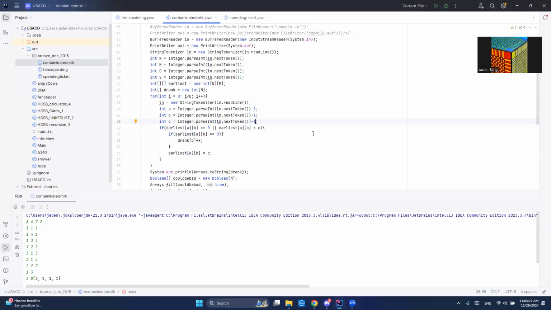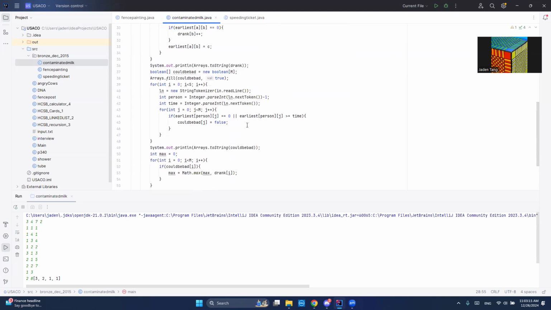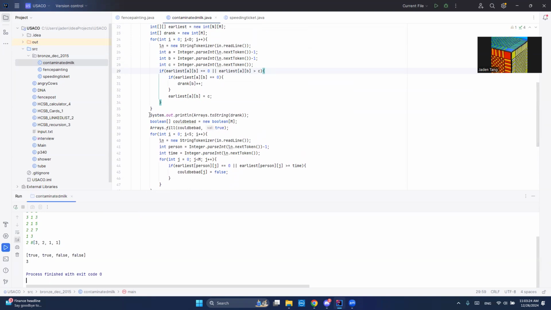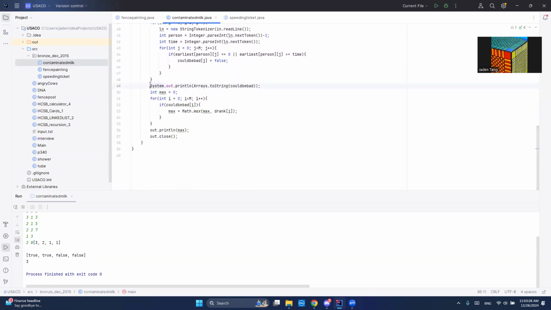And the next thing we realize is that we put int c is next token minus 1, which means we would decrease time, even though in the bottom part we did not do that. So we will also fix that bug and see if it works now. And now we see that it works. So now we will try submitting it again.